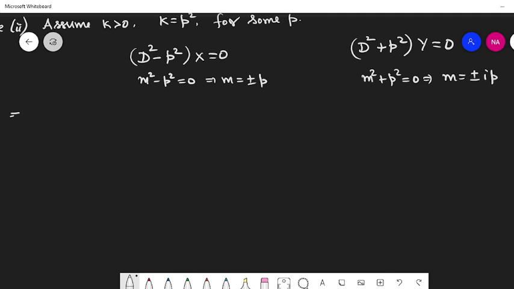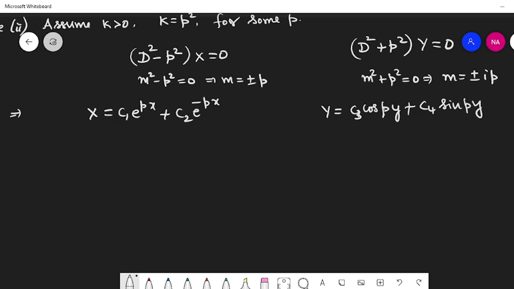So if I write the solution, capital X equals c1 e power px plus c2 e power minus px here, and here capital Y equals, real part is 0, so c3 cos py plus c4 sin py.